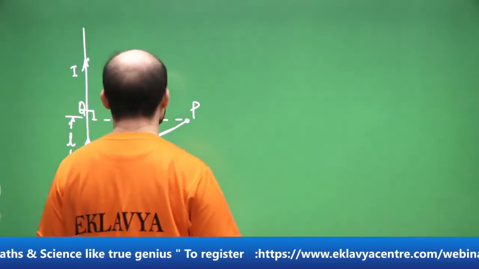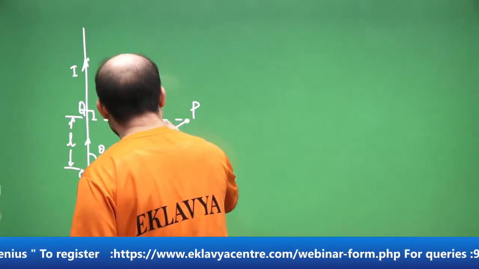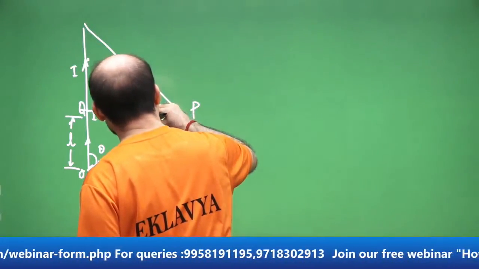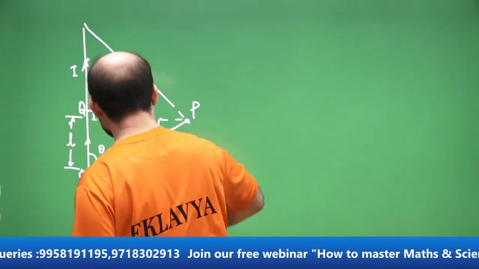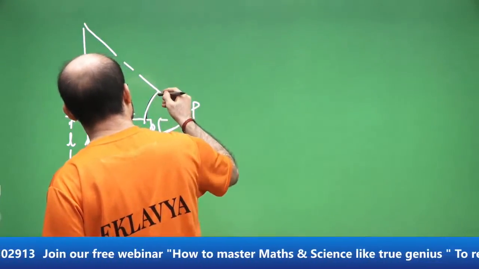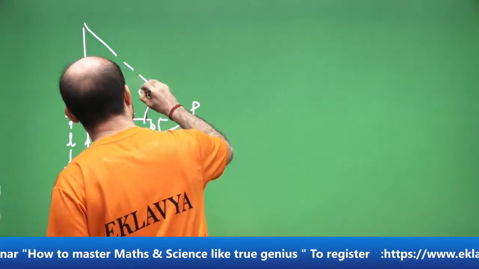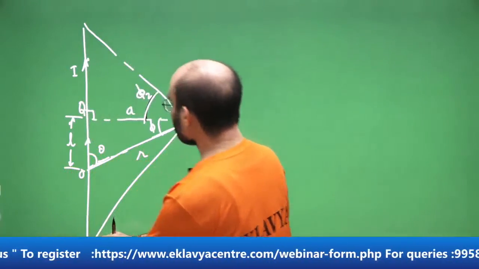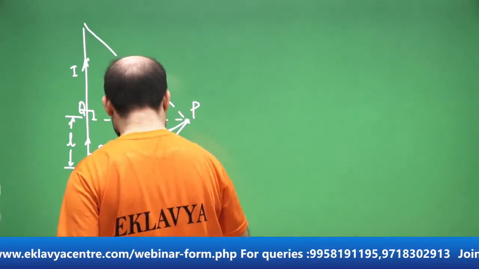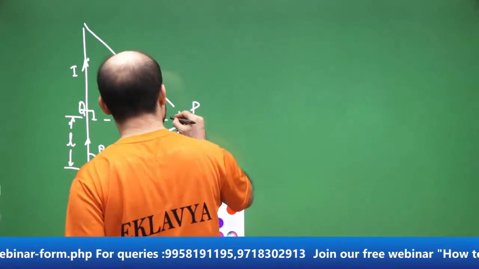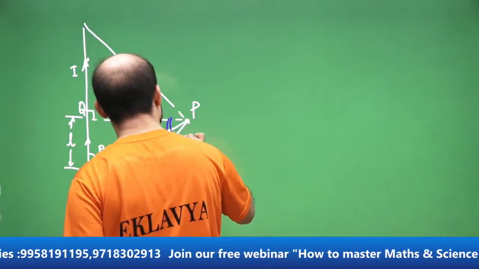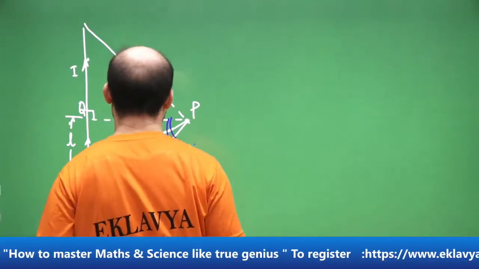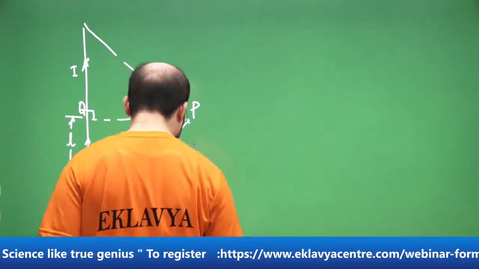This is going to be phi. This angle is phi 2, and this end is making phi 1. So this we have understood.